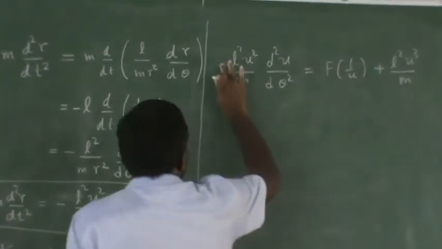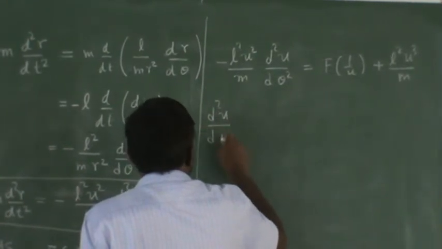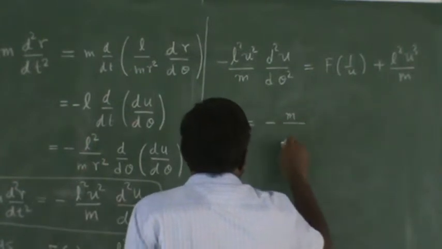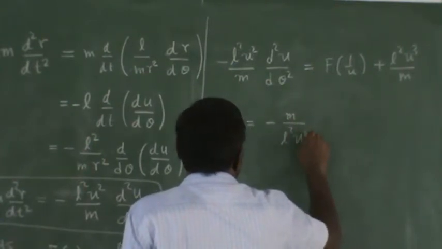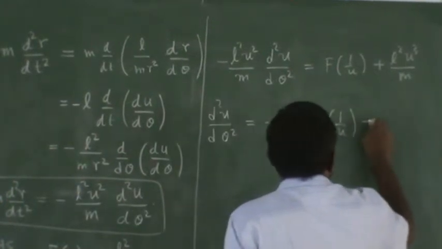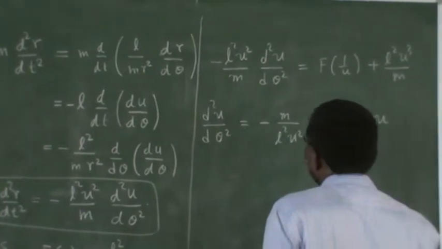So if I take this to the other side, I have d square u by d theta square is equal to minus m divided by L square u square into f of 1 by u minus u.